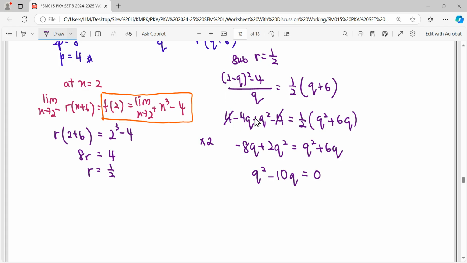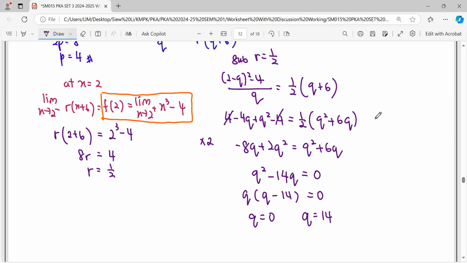A square, 2AB, B square, 4Q square, 6Q times 2. So the 2 cancels. Move here, minus Q square. Move here, negative 14. Factorize. So you get Q equals to 0, Q equals to 14.